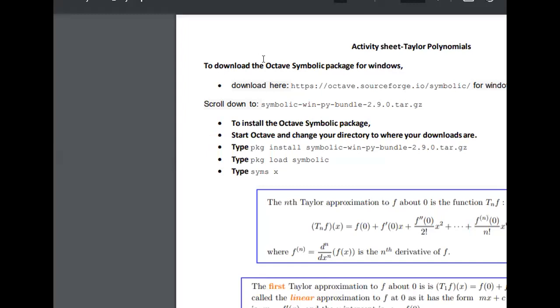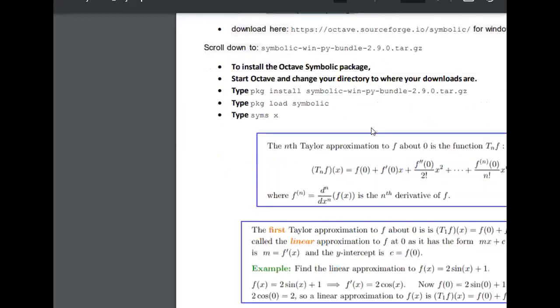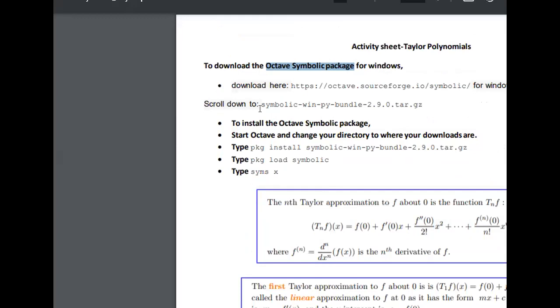If you want to install, definitely you have to install the symbolic package, because you are playing with symbolic things, since we have to include symbol X. Without this package, you cannot do that.